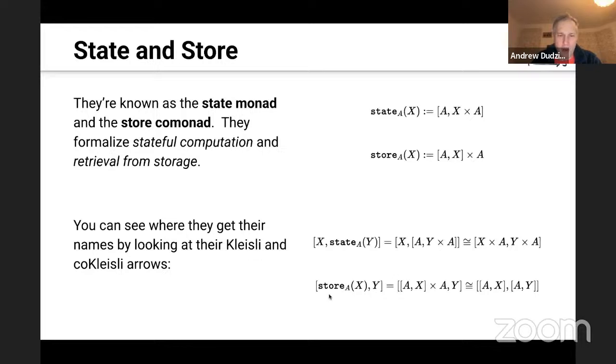And then for the co-Kleisli arrow, I didn't really say what that is, but you just reverse all the arrows. We can do something similar and find that a map out of store A of X is the same as a map between functions from A to X into functions from A to Y. So in other words, A is like the keys for a lookup, right?